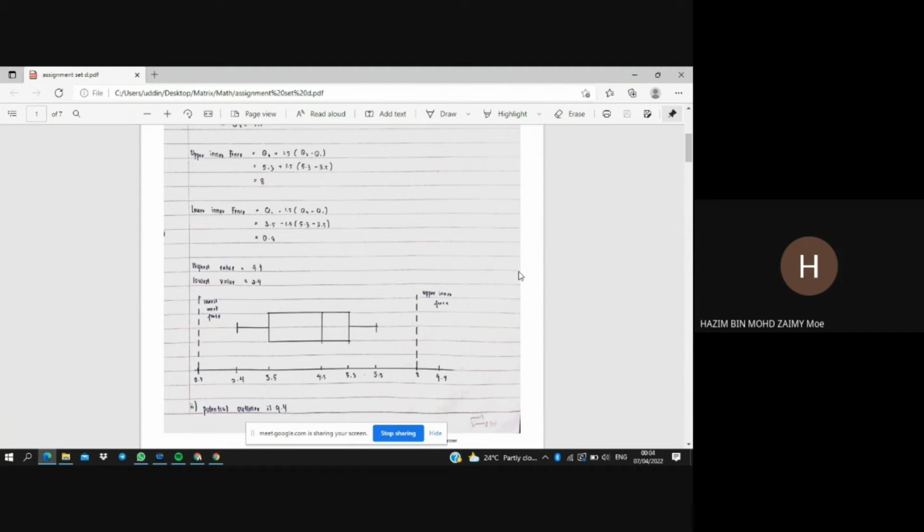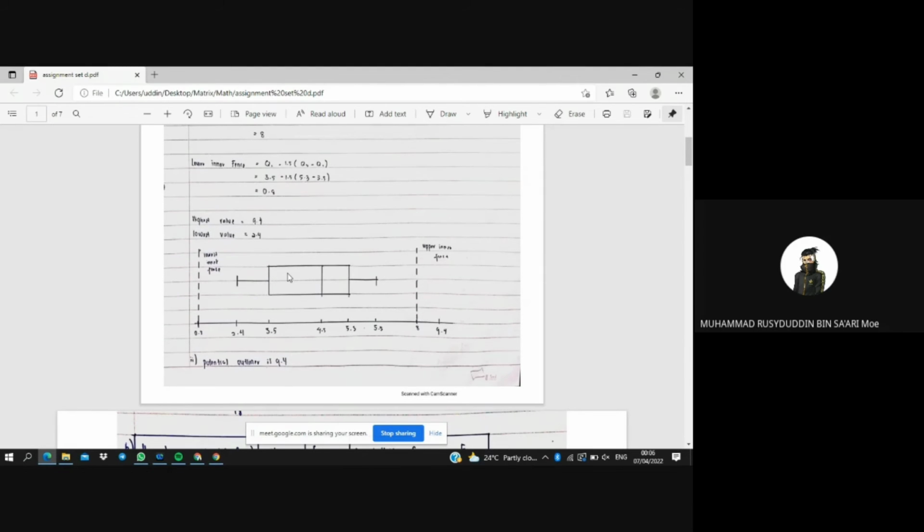So we get 0.8. Using the data, we can make a box and whisker plot. The upper inner fence is 8 and the lower inner fence is 0.8. So the lowest value is 2.4 and the highest value is 9.4. For question 2, we must find the potential outlier, and we get 9.4.